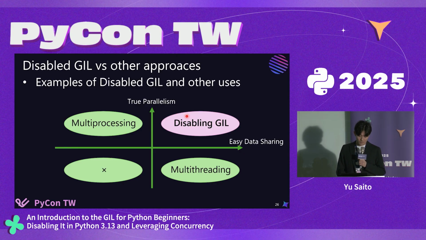If you need only true parallelism, multiprocessing is enough and appropriate. If you need only easy data sharing, you should choose multi-threading. And if you need both easy data sharing and true parallelism, you can choose disabling the GIL. This is the appropriate choice.